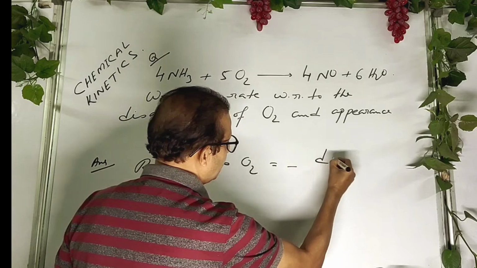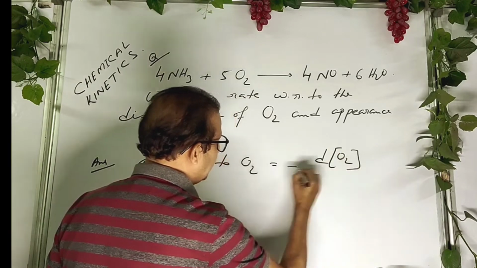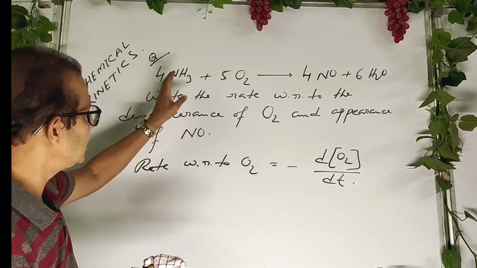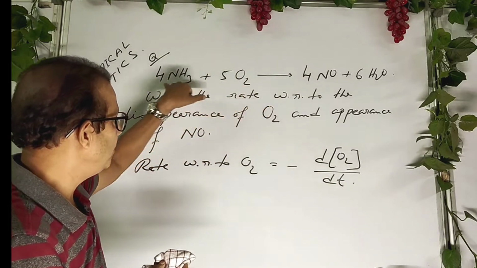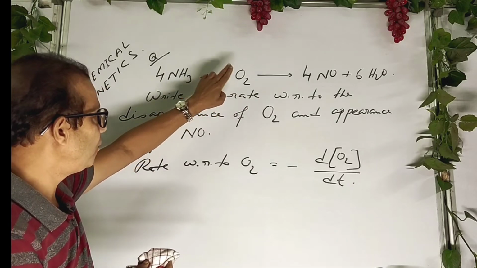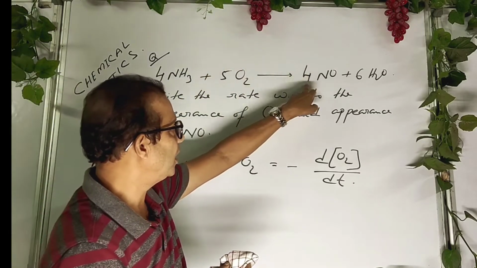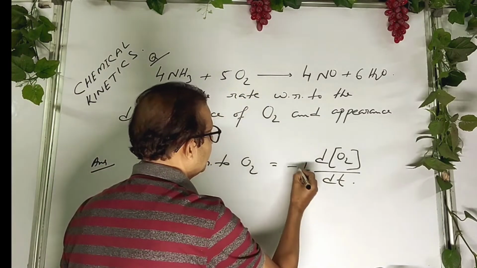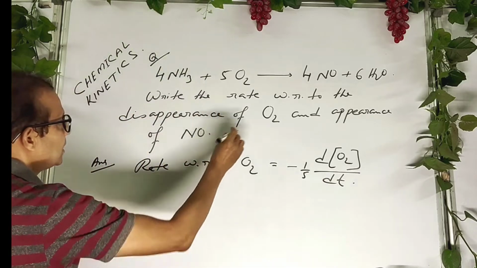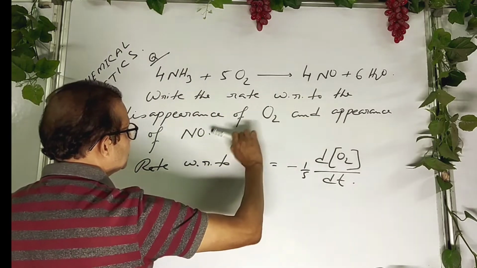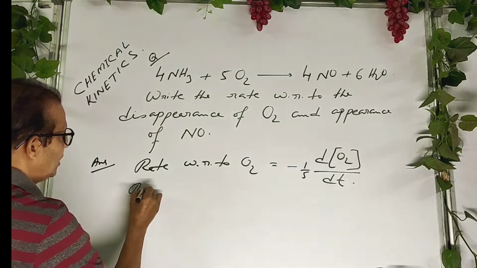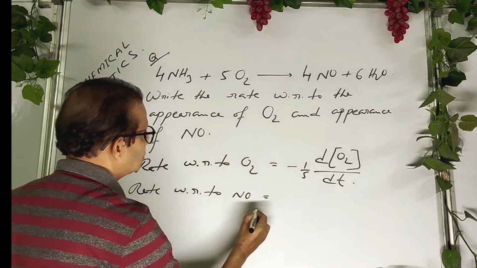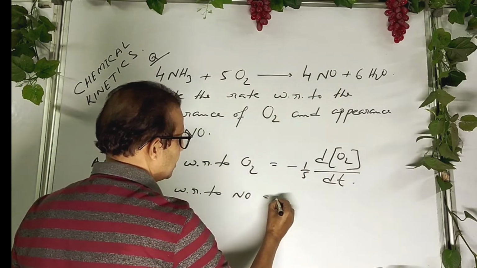Rate is the change of concentration of that component by change in time. These are the balanced number or stoichiometric number. If in front of any reactant or any product there is any balanced number, write the number as 1 upon that number, 5. Another thing is asked, rate of appearance of nitric oxide. So rate with respect to NO equals to, it is product, so write positive.